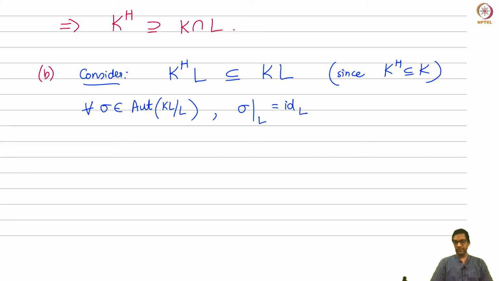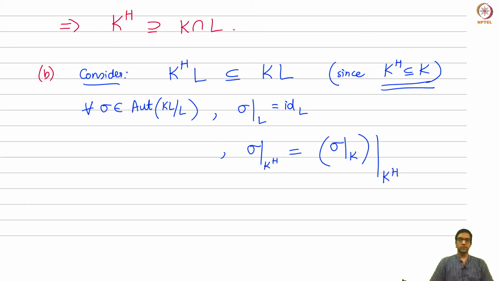This we know by definition, but we also know something else. If you take sigma restricted to K^H, K^H is a subfield of K, so how do I restrict sigma to K^H? I first restrict it to K, and then think of that as being further restricted down to this subfield K^H.